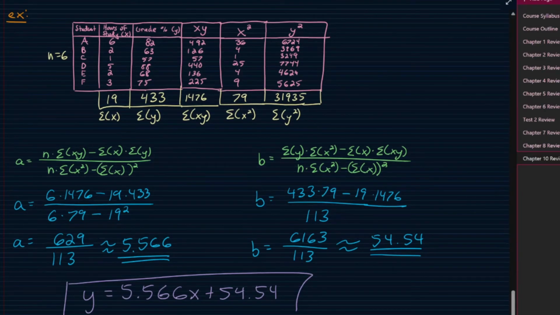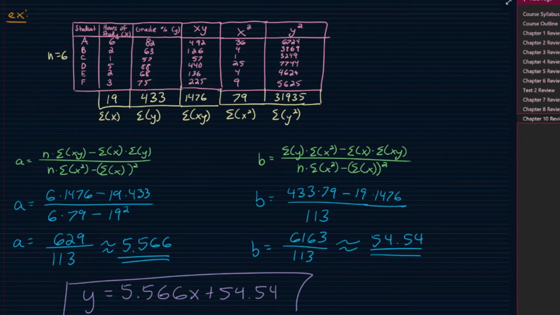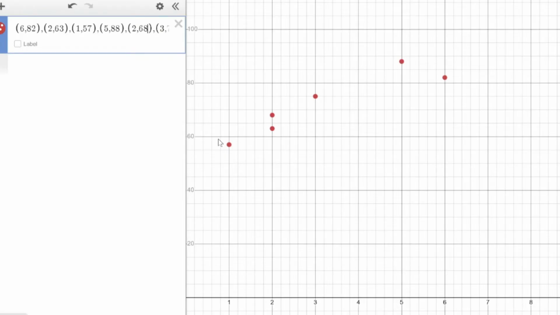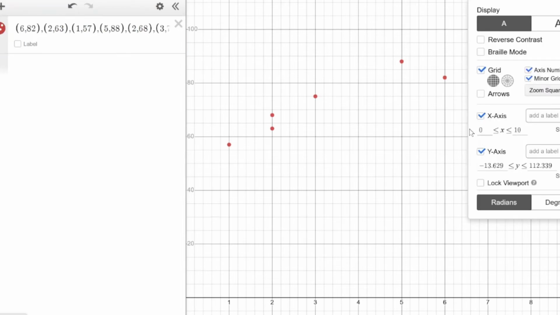I'm going to go ahead and plot all this stuff on Desmos. Just give me a sec. Okay, so here I plotted all the points and I scaled it accordingly. My x-axis, I only allowed 0 to 10 because the x values didn't vary very much. There are only values between 0 and 10. The y values, I guess 0 to 100 would be a little bit better.